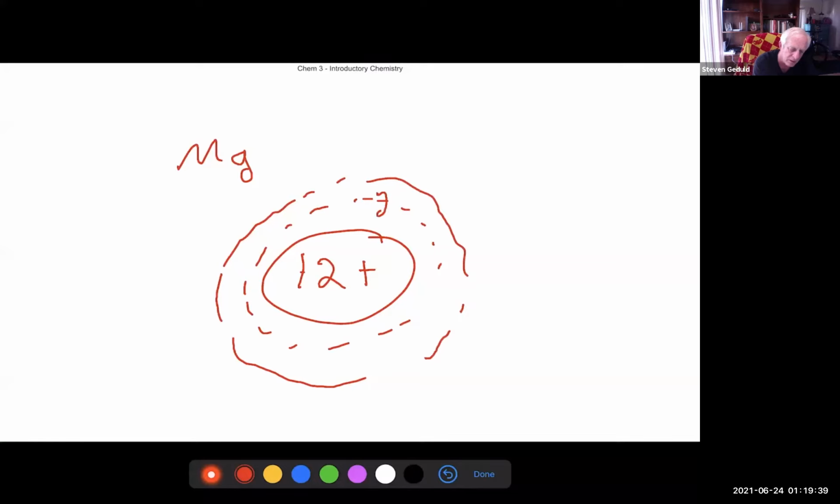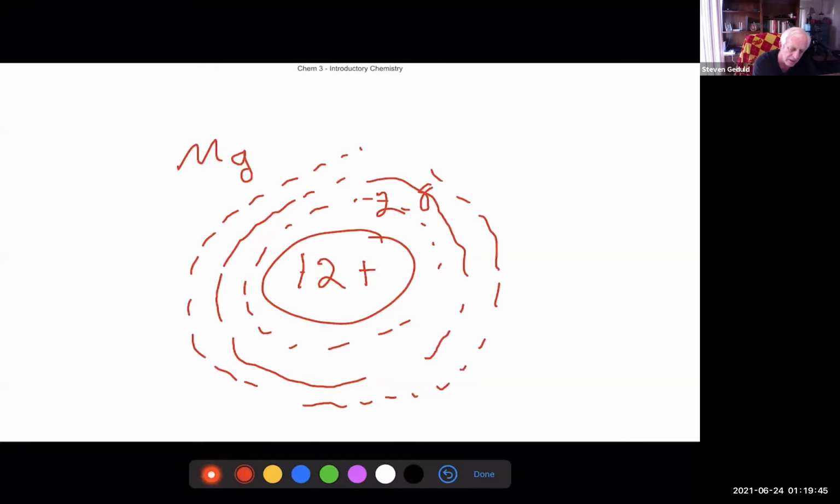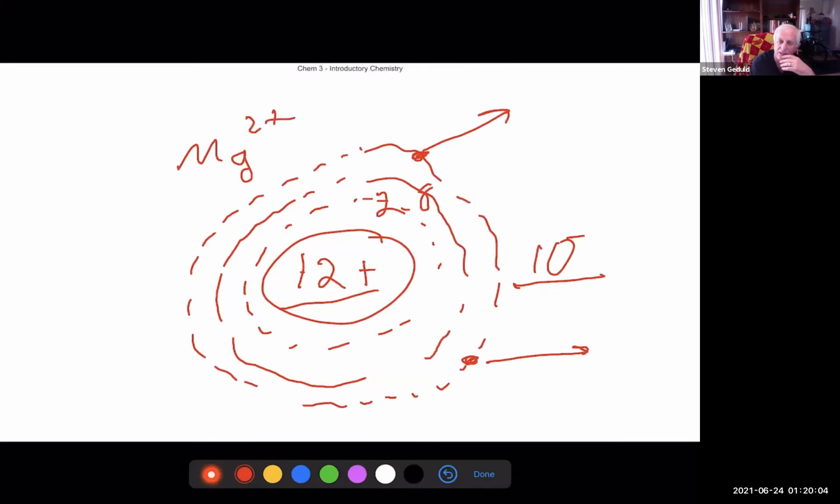It has 2, this has 8, and then your outer shell has 2 electrons. If you lose those 2 electrons, you now have 10 electrons. So you've got 10 negative charges and 12 positive charges. That ends up as +2. That's how you get a sign.